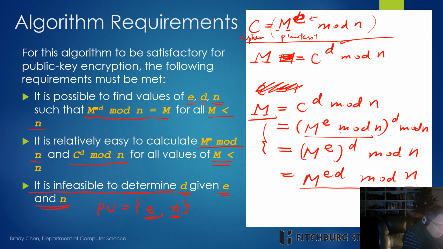So even though people know E and N, they still cannot determine the value D. Okay. So that's an important part of the RSA.